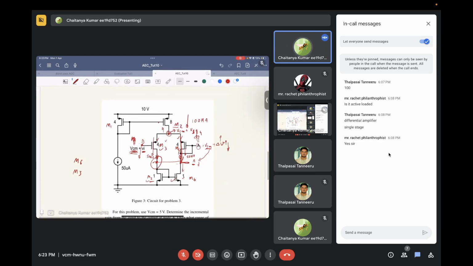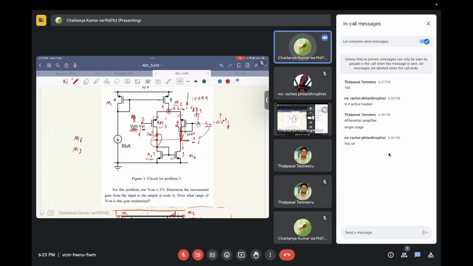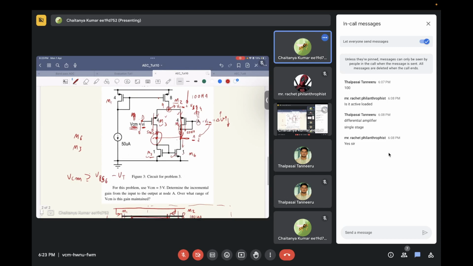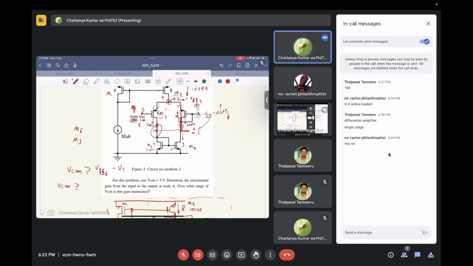So the two likely candidates that determine the lower range of VCM are: VCM should be greater than or equal to VGS6 minus VTN, and VCM should be greater than or equal to, since VGS6 and VGS5 are equal, right? Yes. VGS5 plus VTP.